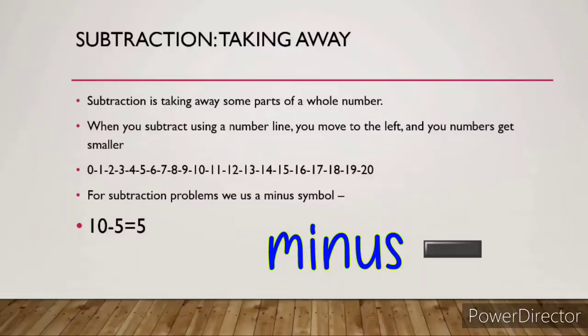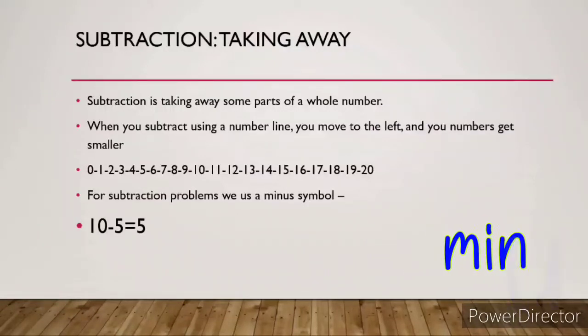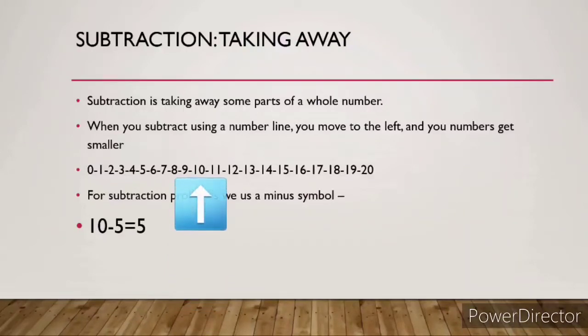Look at this subtraction problem I have at the bottom of the screen. 10 minus 5 equals 5. Let's find the number 10 on our number line. There it is. So we're going to start at number 10 and we're going to count down 5 because we're taking away 5. So you have your finger on that number 10.